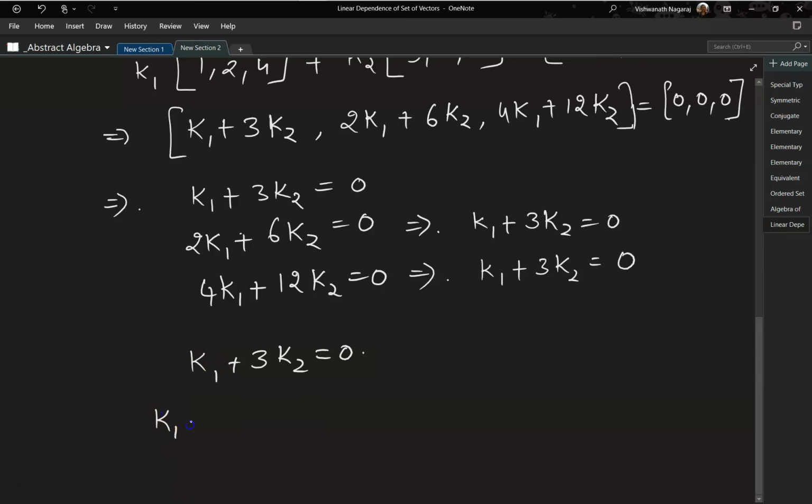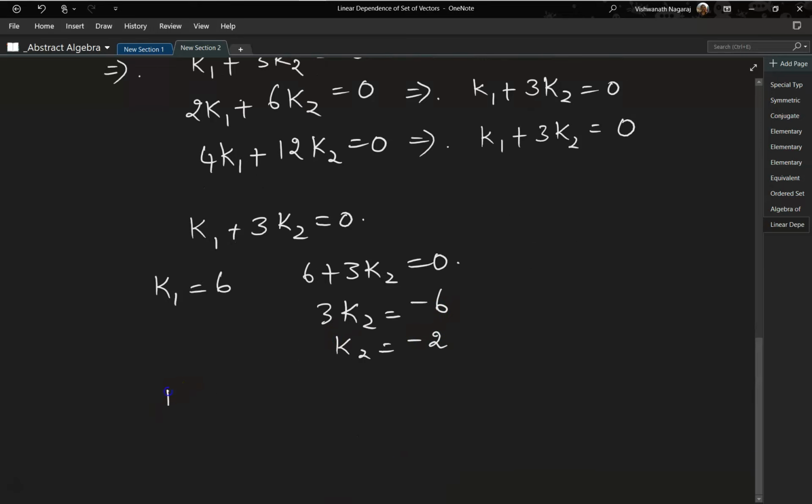So if k1 is equal to 6, so 6 plus 3k2 equal to 0, 3k2 is equal to minus 6 and k2 is equal to minus 2. Similarly, if we take k1 is equal to 5, we get 5 plus 3k2 equal to 0, 3k2 is equal to minus 5 and k2 is equal to minus 5 by 3.